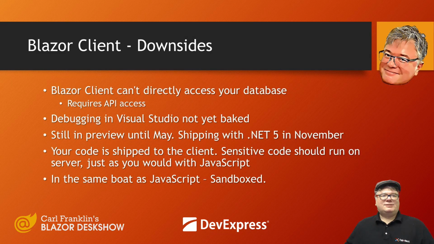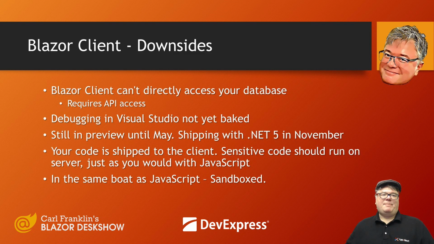Downsides: Blazor client can't directly access your database. In other words, any code that is secret code, or special code you don't want the user to see or be able to decompile, code that accesses a database directly with a connection string, any code that accesses cloud services that require keys and passwords, you're not going to want to call those from the client.